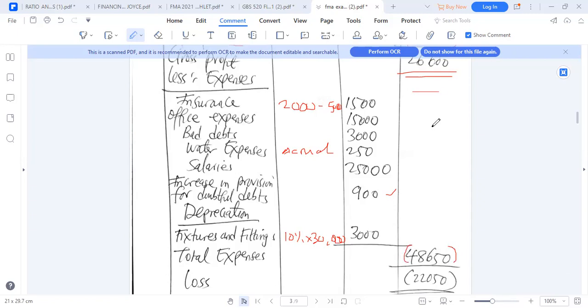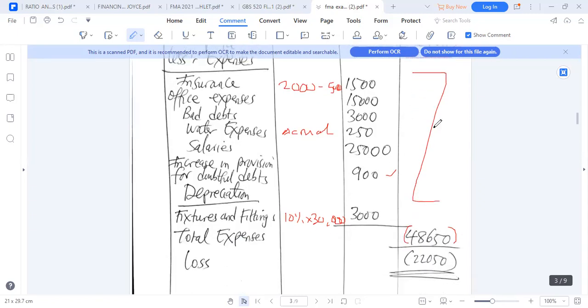So when you're getting these expenses from the gross profit, unfortunately, we had more expenses than the gross profit. So this is our net loss, which is 22,050. This opens you up to acknowledging that we do not always expect to make a profit, sometimes we expect losses. So this is how we get our net loss.